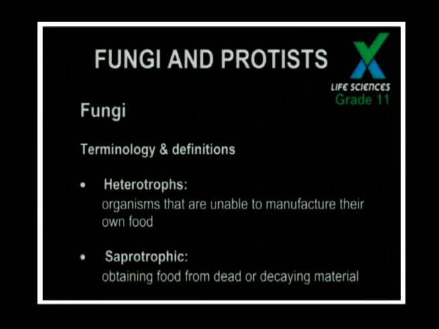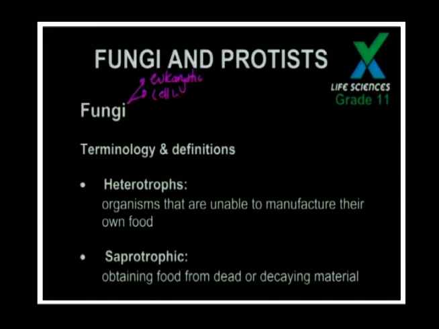Let's be a little more specific. All fungi have eukaryotic nuclei, so they have properly developed nuclear membranes around their nucleus. They are like plants in that they all have cell walls, but no fungi will ever have chlorophyll.